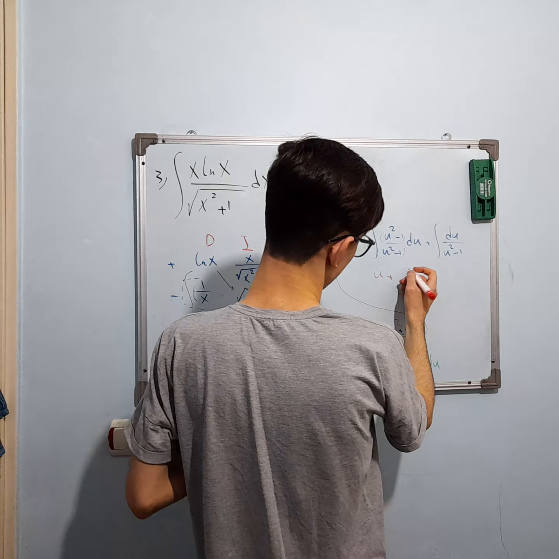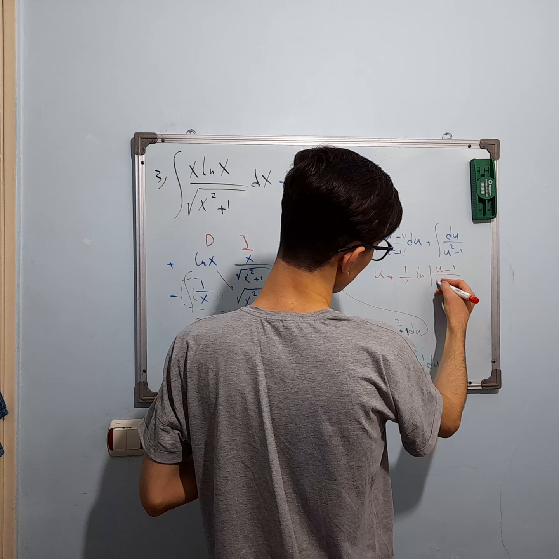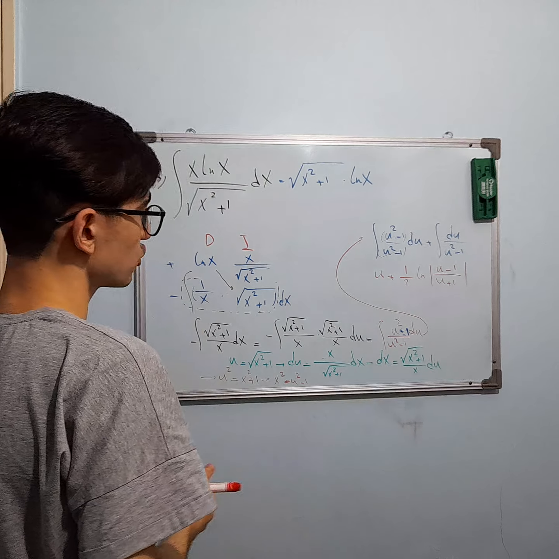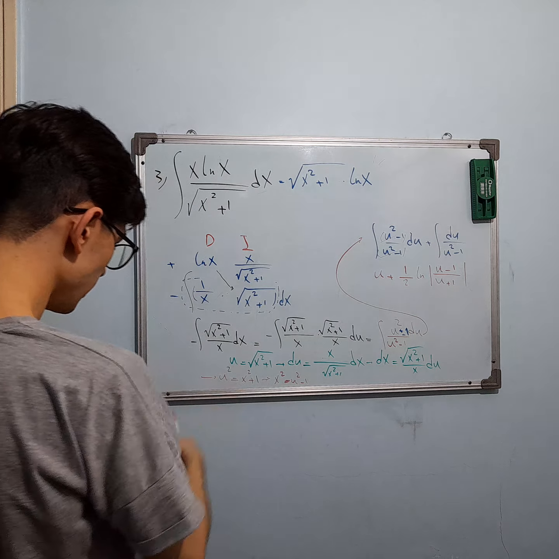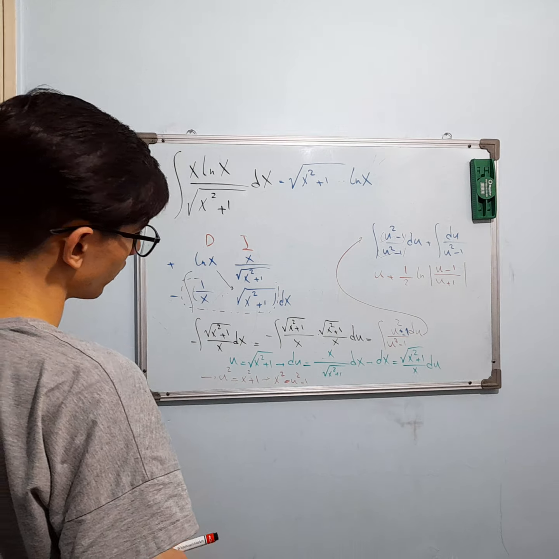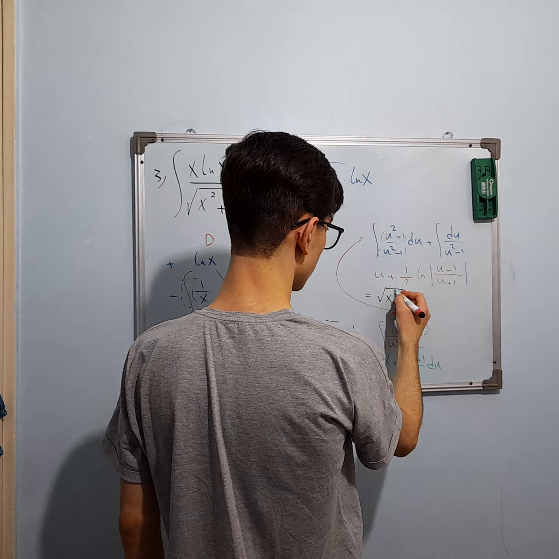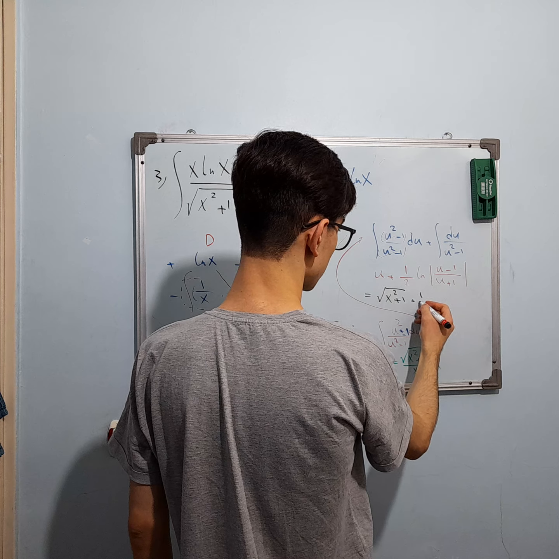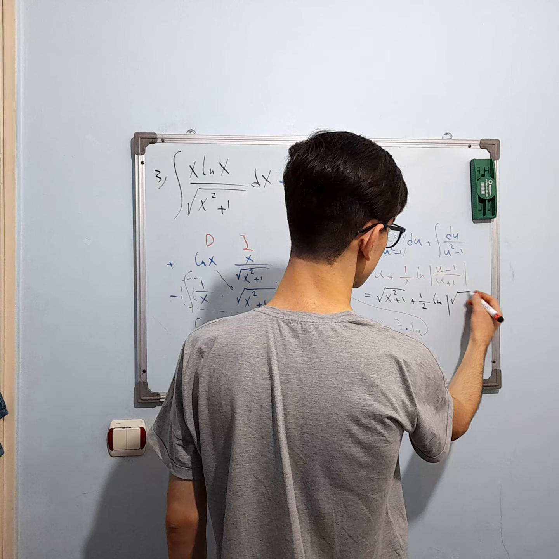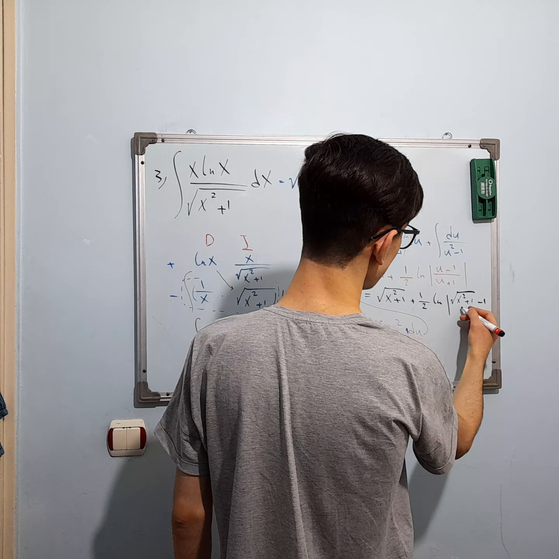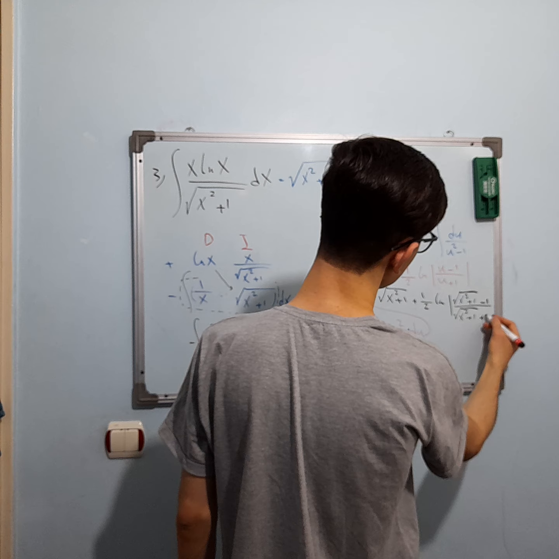So now we have 1/2 natural logarithm of u minus 1 over u plus 1, and we must change it from the u world to the x. U is the square root of x squared plus 1, so here we have the square root of x squared plus 1 plus 1/2 natural logarithm of square root of x squared plus 1 minus 1 over square root of x squared plus 1 plus 1.